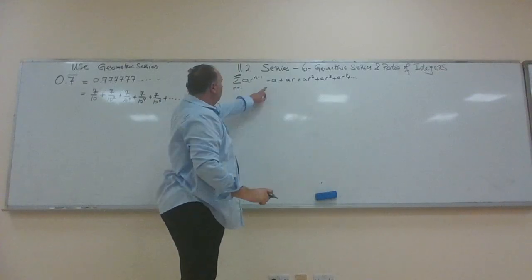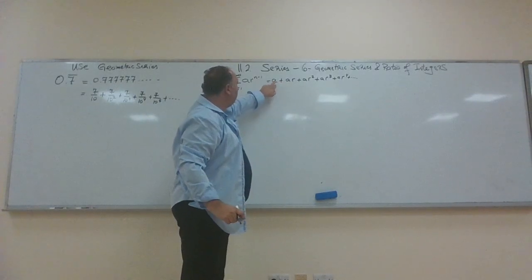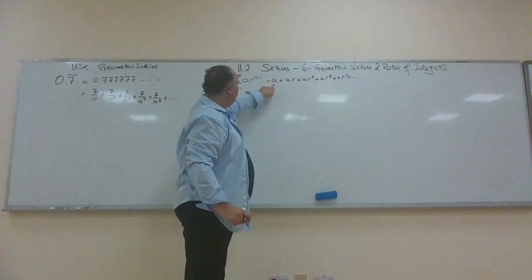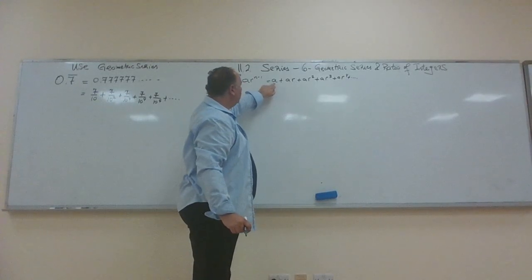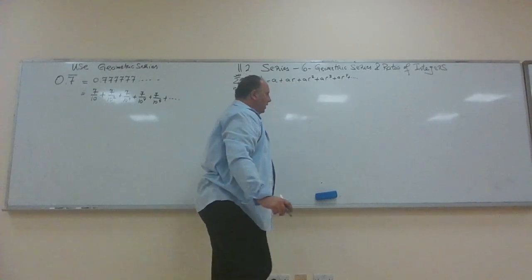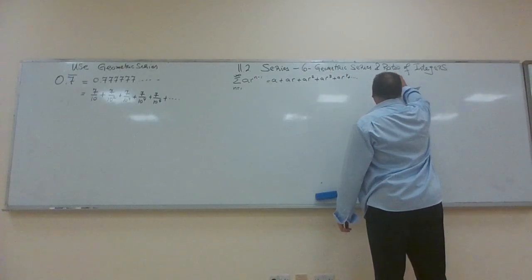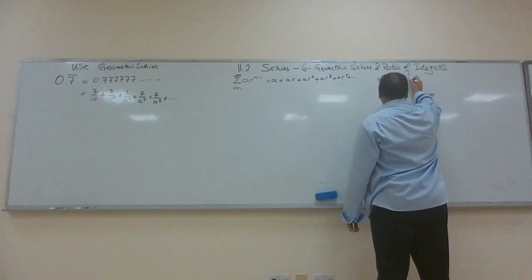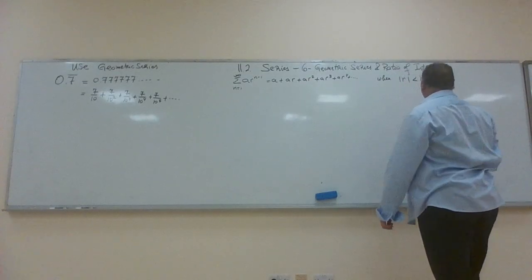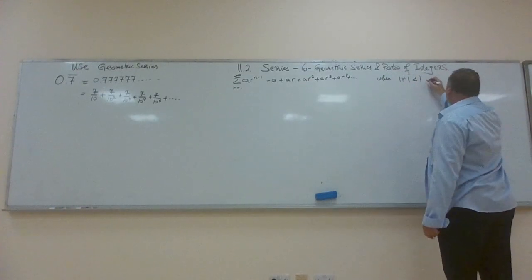So what matters is to identify A, the first component of the series, the argument, and to identify the ratio. And we know that when the ratio is smaller than 1 in absolute value, the series is convergent.